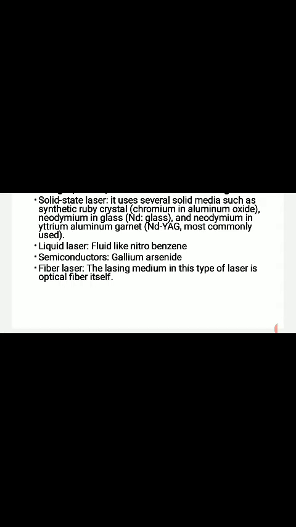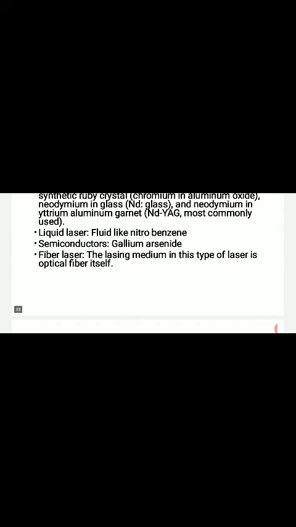Now, consider a ruby laser. The chromium atoms are excited from the ground level to a higher energy level and then to an intermediate energy level. When they jump from the intermediate energy level back to the ground level, they gain a lot of energy and get accelerated at very high velocity from the fully reflected end toward the partially reflected end.